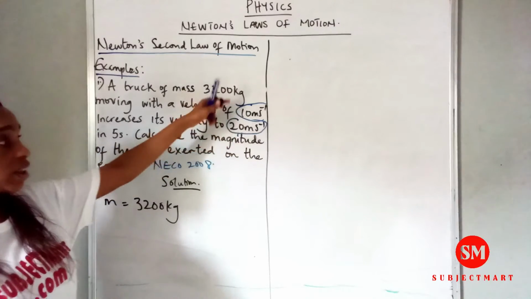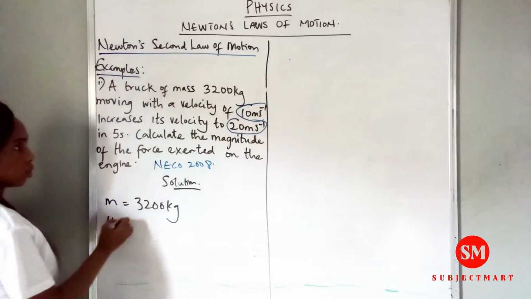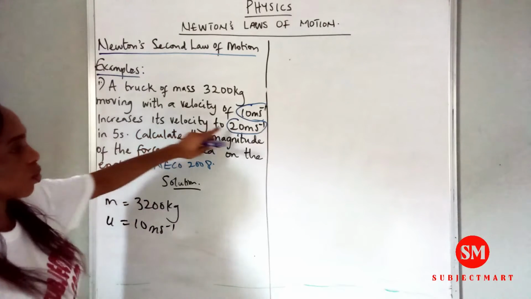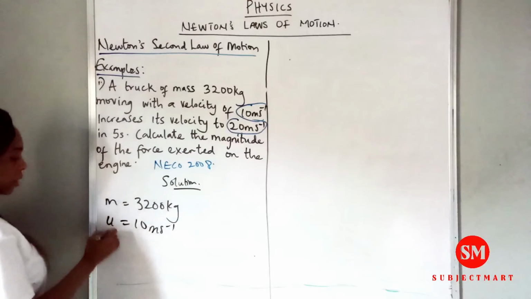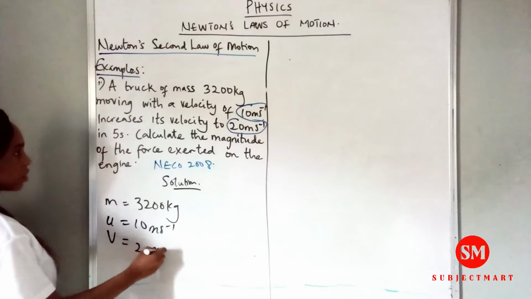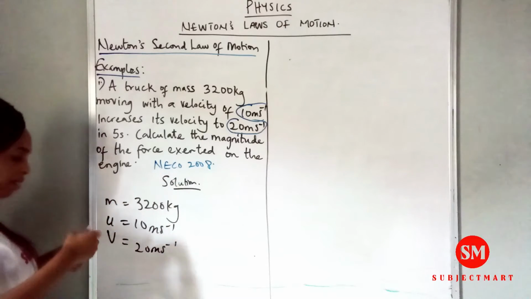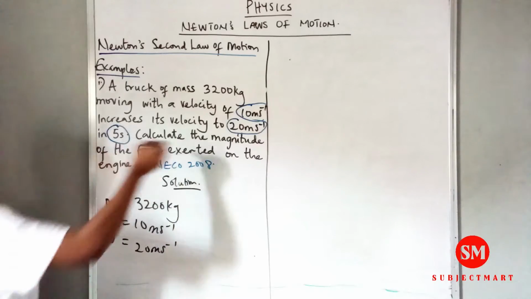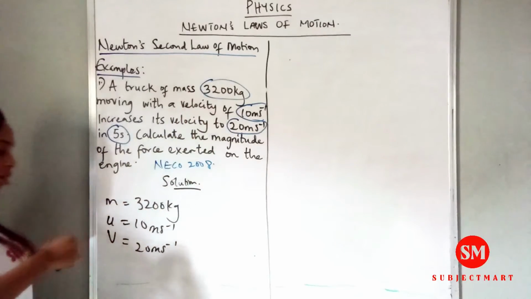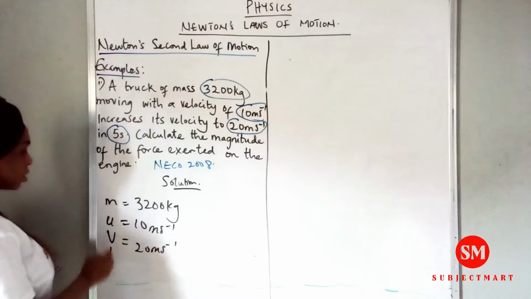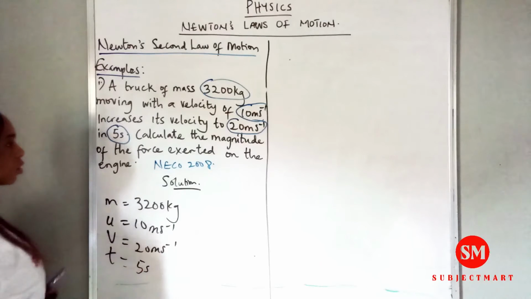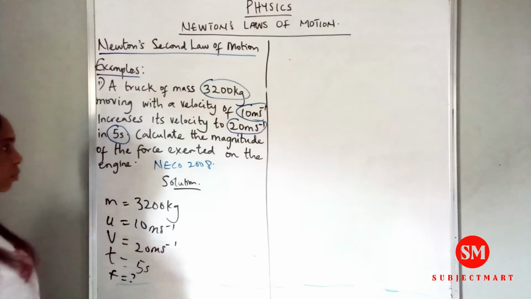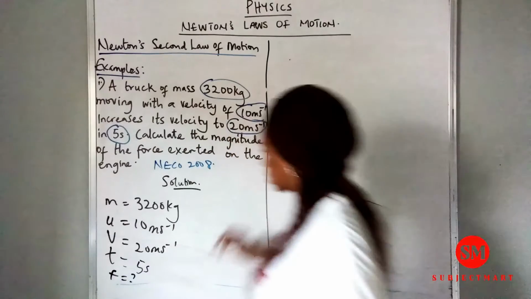So that means the initial velocity, u, is 10 meters per second, and it increases to 20. That's the final velocity, v, is 20 meters per second. So the time here is 5 seconds. So those are our parameters. So now we are asked to calculate the F, the magnitude of the force.